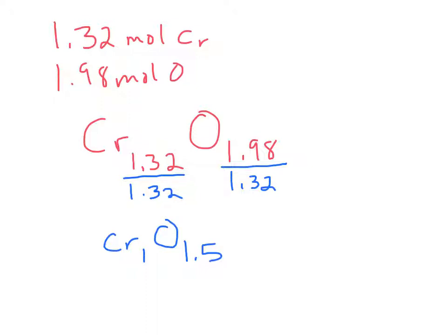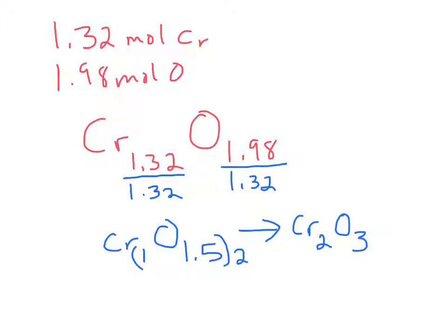And because we have a half number here, we're going to go ahead and multiply both subscripts by 2. So multiplying these subscripts by 2 to give us whole numbers is going to give us Cr2O3 for our empirical formula. So our empirical formula is Cr2O3.